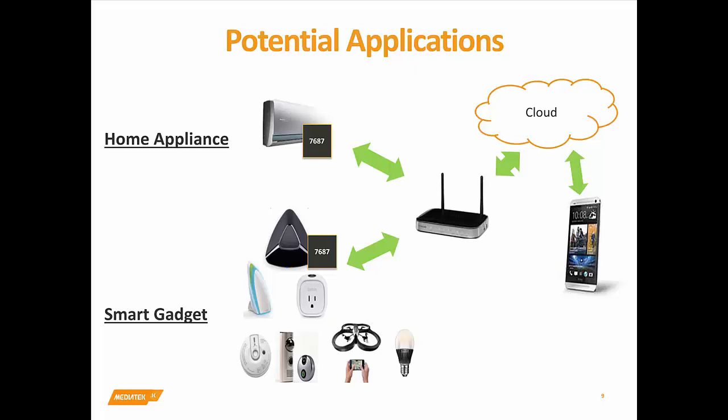We're also looking at smart gadgets like power plugs, hoovers, light bulbs, just anything around the house you can make smarter. Again, you will connect that to your local Wi-Fi router, and then you can control it through the cloud with your smartphone. These are the sort of applications we can see being realized with this HDK.